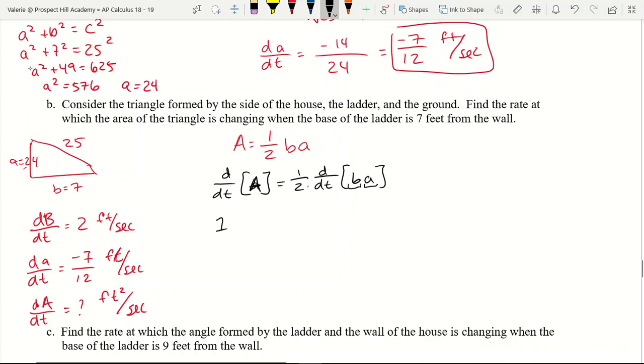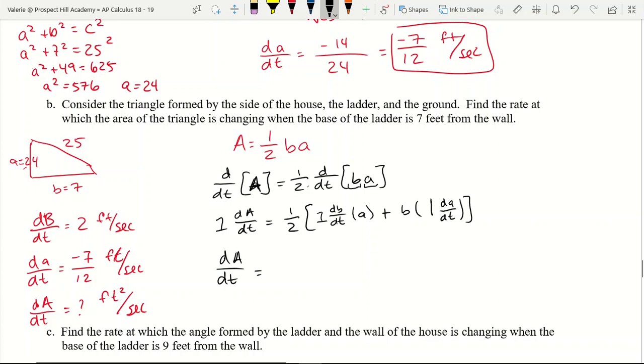So we'll have dA/dt equal to 1/2 times 1 dB/dt times a plus b times 1 da/dt. And when we simplify that, we get dA/dt equal to 1/2 times a dB/dt plus b da/dt.